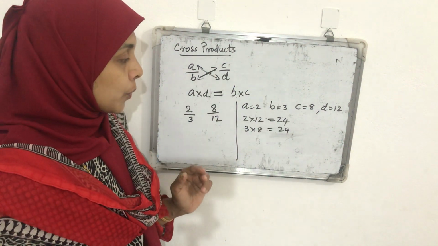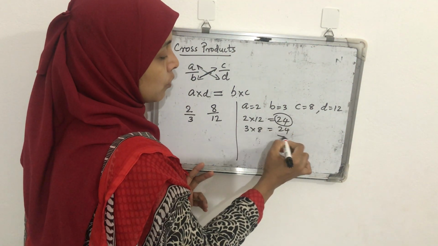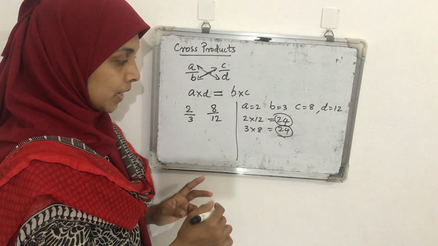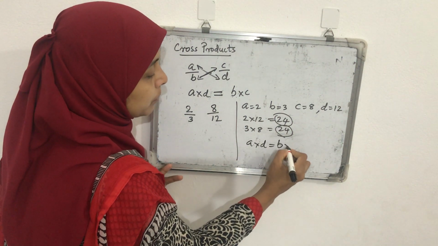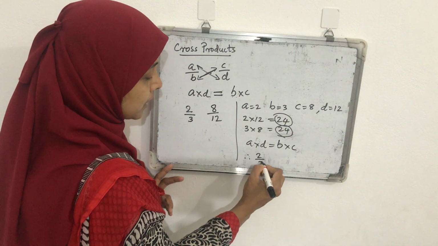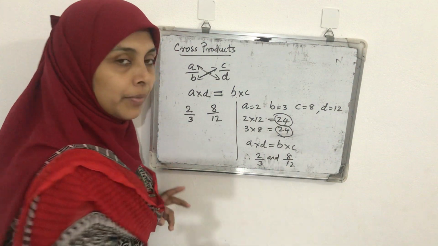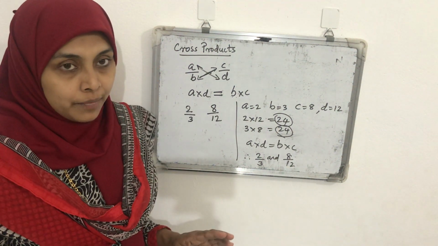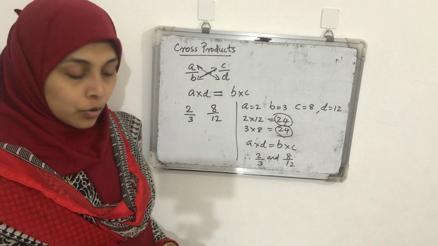So we got the same cross product, 24, in both cases. So what can we say? a into d is equal to b into c. Therefore 2 by 3 and 8 by 12 are equivalent rationals. This way we can find out whether the given rationals are equivalent or not.